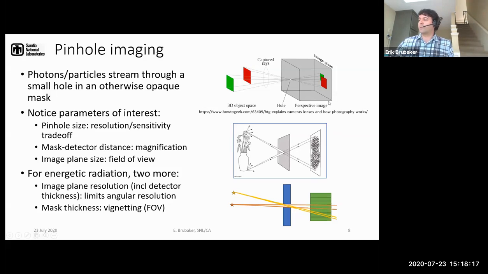So another parameter here is the distance between the mask and the detector. And you can see from the geometry that as you move the detector farther away from the mask, the rays diverge farther, and so you get a larger magnification. If you can instrument a large detector area, you'll get a magnified view of the scene.